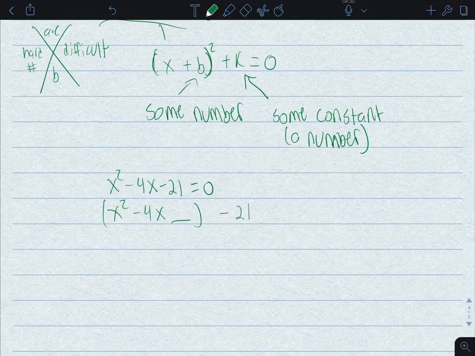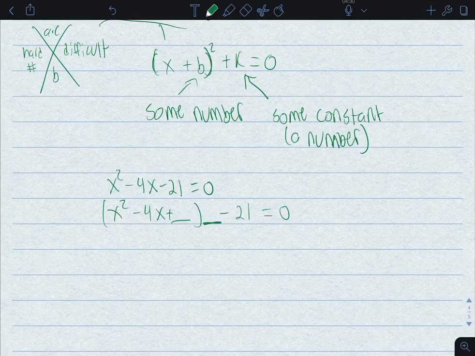The minus 21 can stay outside the parentheses, and we're still going to have equals 0. So we left a blank inside the parentheses, and we're also going to leave another blank outside. We're going to add something inside the parentheses, and subtract something outside the parentheses.